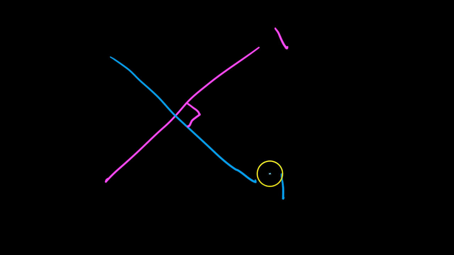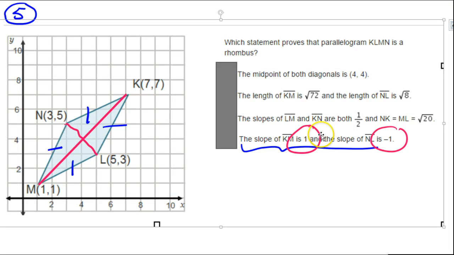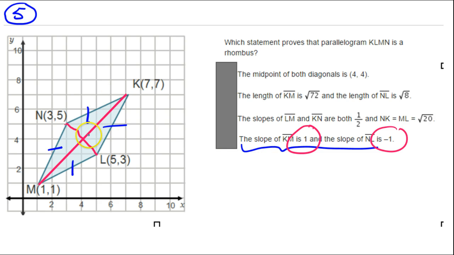Now, if one is positive and one is negative, then they are opposite and reciprocal. That would make them perpendicular. And that's exactly what we have. We have positive 1 and negative 1. They are opposite and reciprocal. That means that these diagonals are in fact perpendicular, which would prove that this is a rhombus. So that means this last one should be the answer.